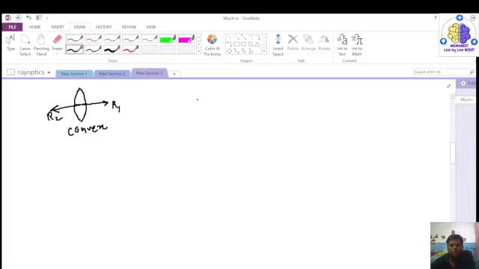Now coming to a concave lens, this is one of the curved surfaces, this is the other curved surface, right? We join it like this. This is a concave lens, right? And for this R1 will be in this direction and R2 will be in this direction.